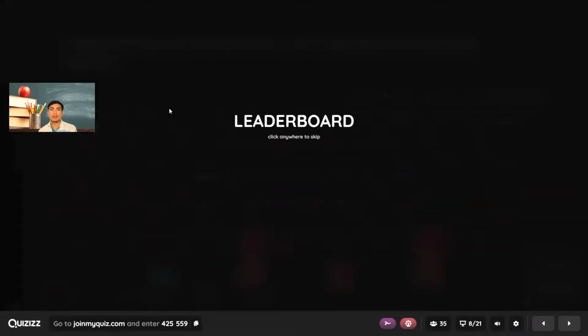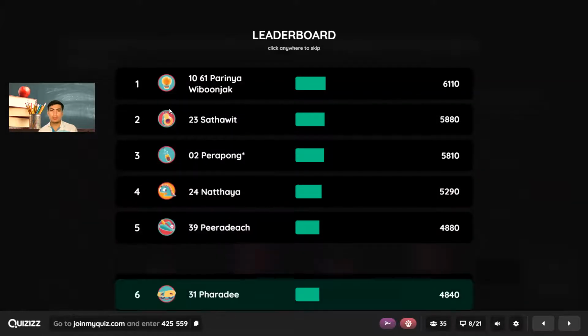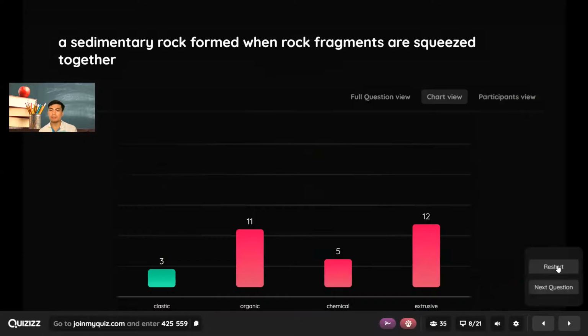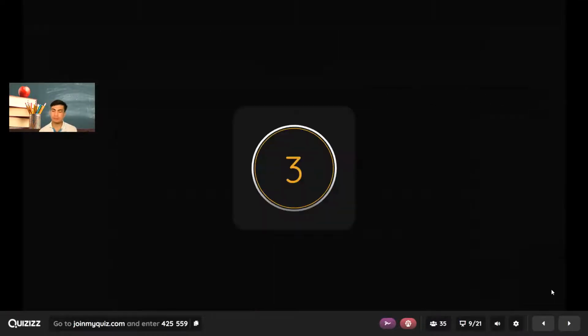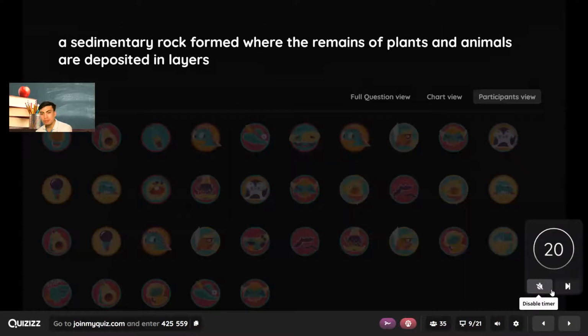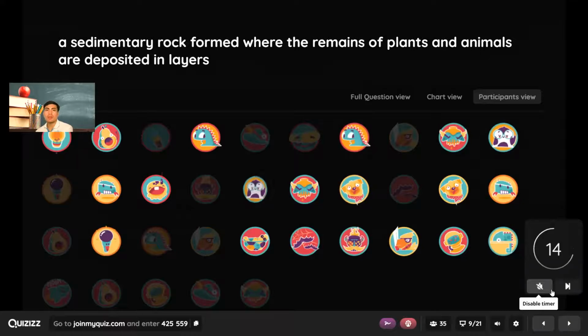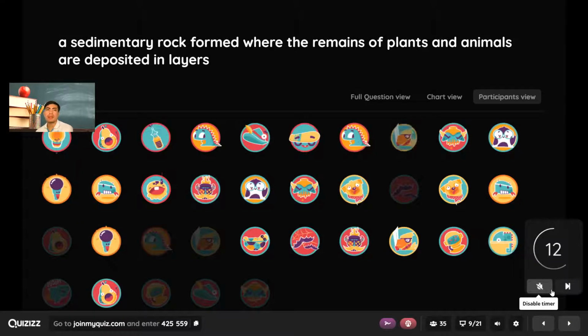Okay, so Paradi is now climbing up to top 6. A sedimentary rock forms where remains of plants and animals are deposited in layers.